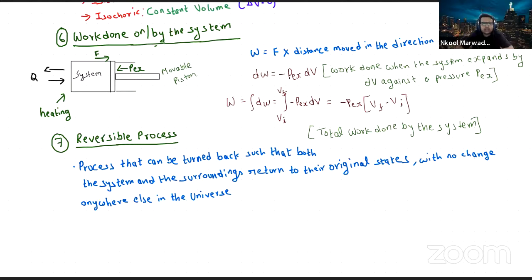But unfortunately, in the real world, this doesn't happen. A 100% reversible process is an ideal scenario. No processes are perfectly reversible.